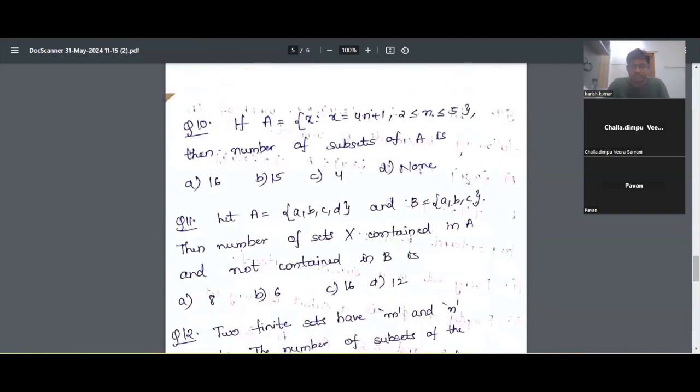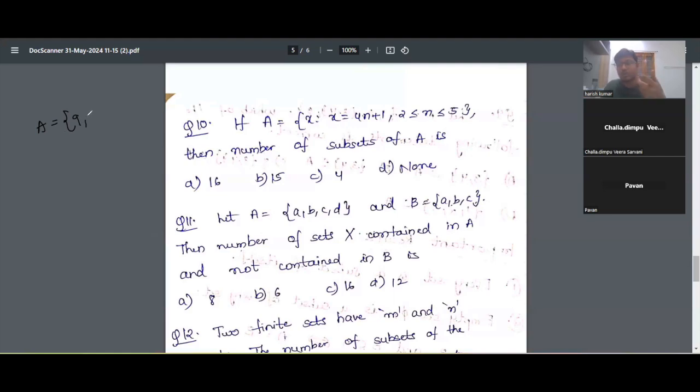What about the 10th one? The answer is 16 subsets. First of all, we have to write the set in roster form. Set A is {x : x = 4n + 1, n lies between 2 and 5, including both of them}. There is no need for me to write all the elements.